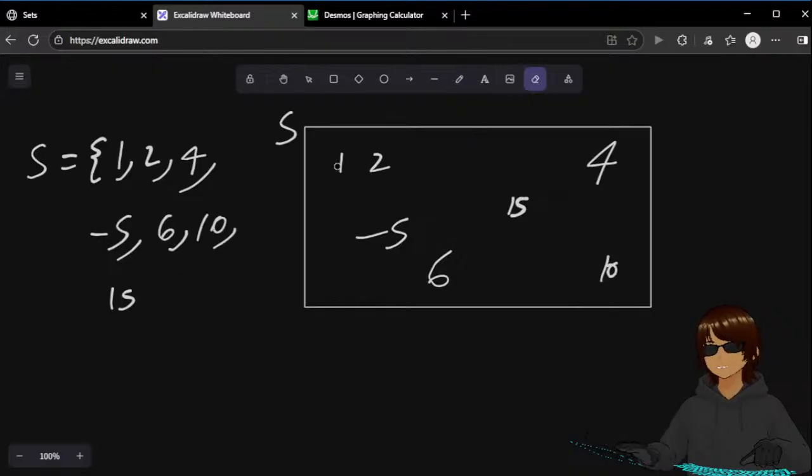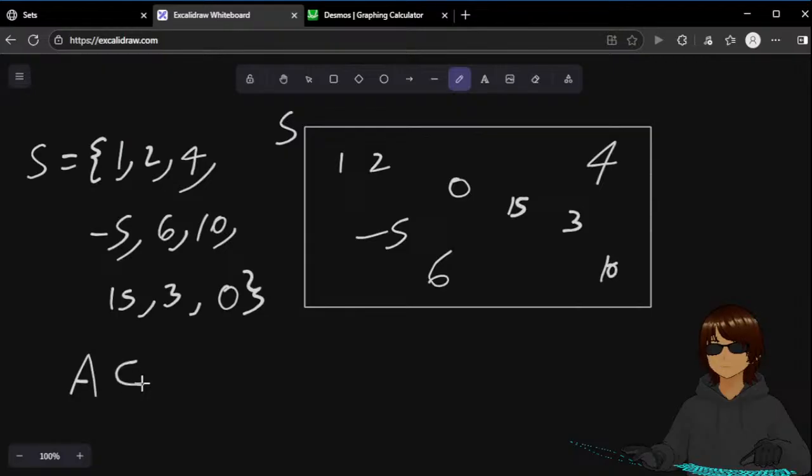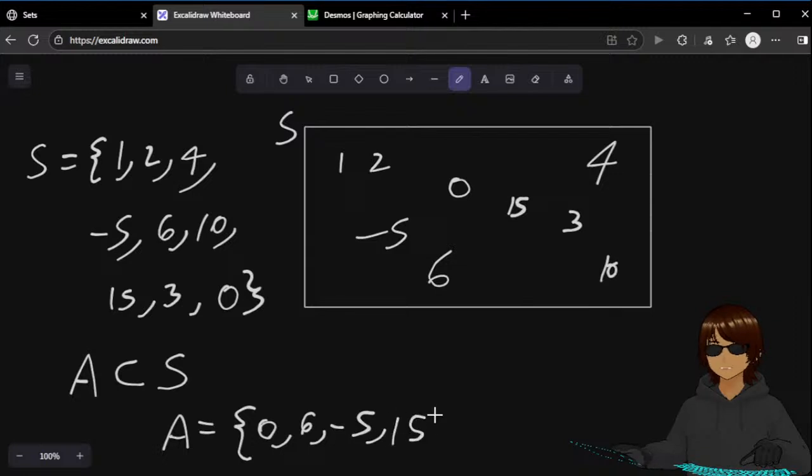Let's do 3 as well, and 0. And then we have set A, which is a subset of S, and A contains 0, 6, minus 5, 15.